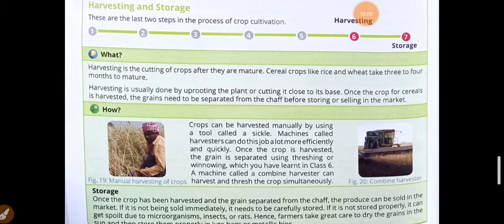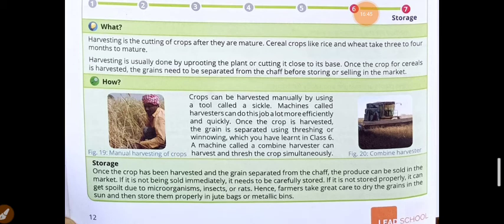For this we use a tool called a sickle for hand harvesting, and the other is the combine harvester machine, which directly harvests and threshes the crop simultaneously. Before storing, we remove the moisture so the grain does not get spoiled. Farmers also try to keep the grains safe from insects and rats and store them properly in jute bags or metallic bins.